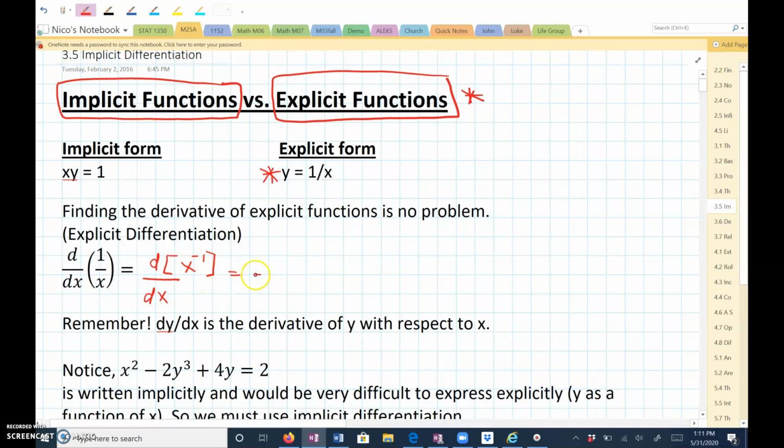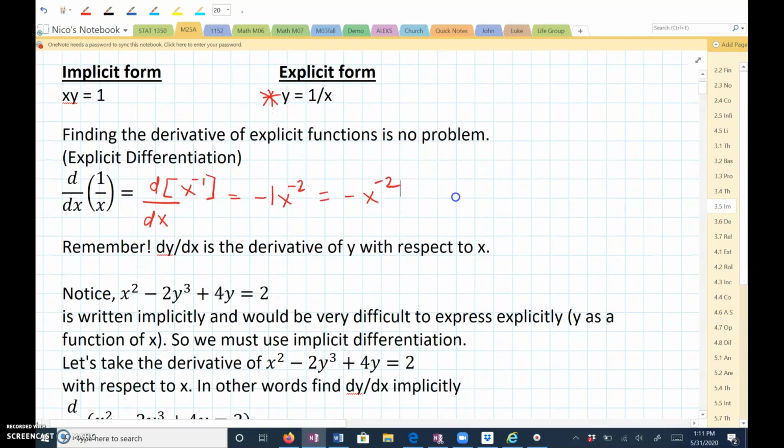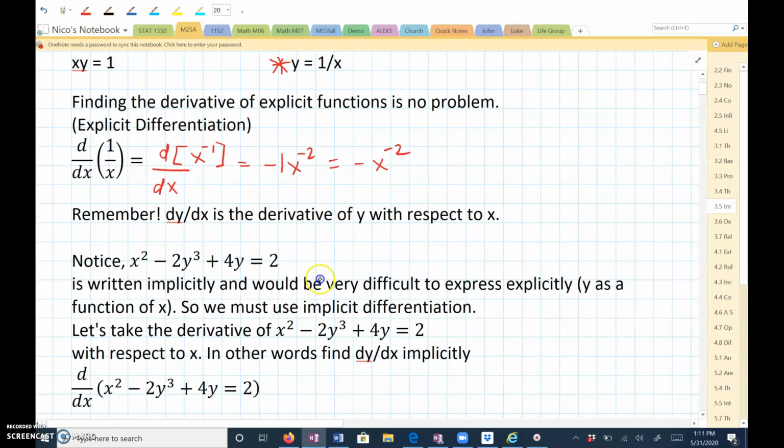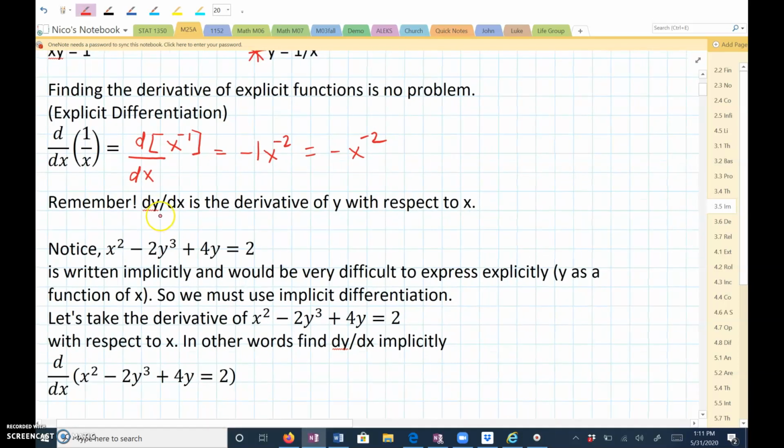So this would be the power rule, negative 1 x to the negative second, or negative x to the negative second. That would be fine, right? Remember, this is the derivative of y with respect to x.